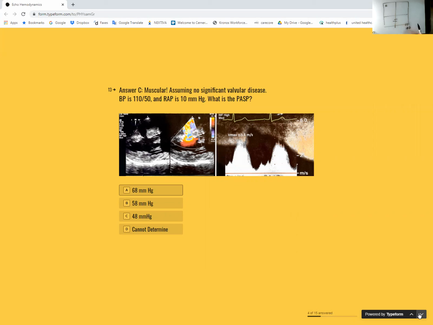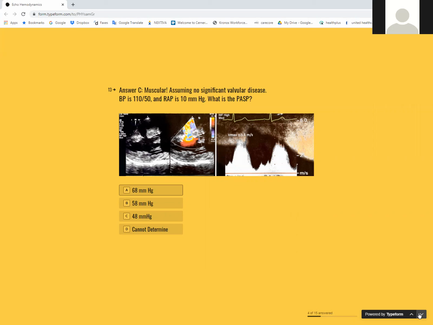Any takers? So you're assuming if your systolic blood pressure is 110, your LV systolic blood pressure is also 110. Right. And then you get a gradient across the VSD of 3.6 squared times 4, which is, I lost it here, I think it's like 50 something.